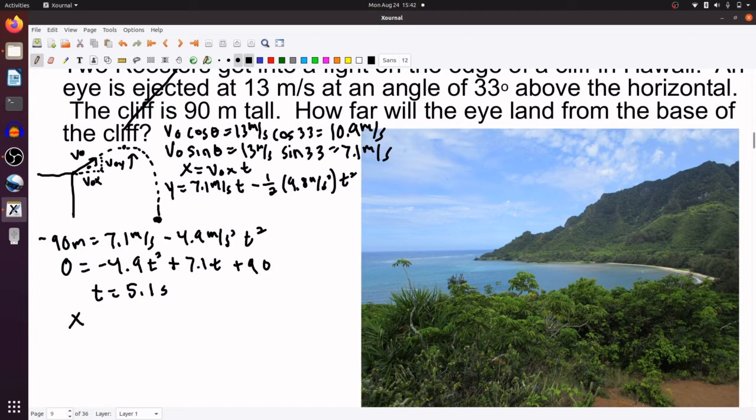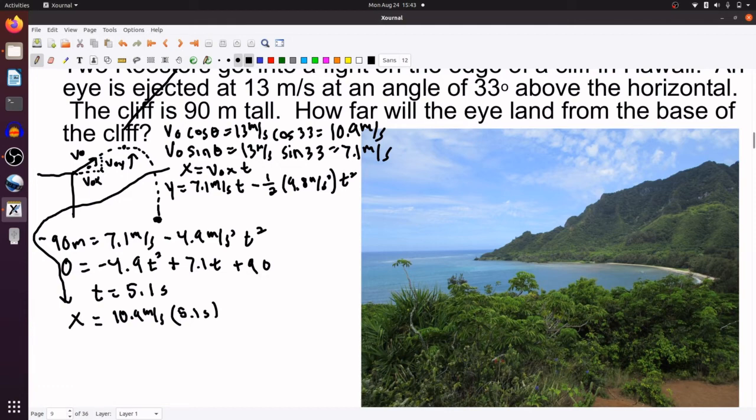So then I just plug it into my x equation. And so I say, okay, x is equal to v naught x, which is our horizontal velocity component. It's 10.9. And then t, 5.1.